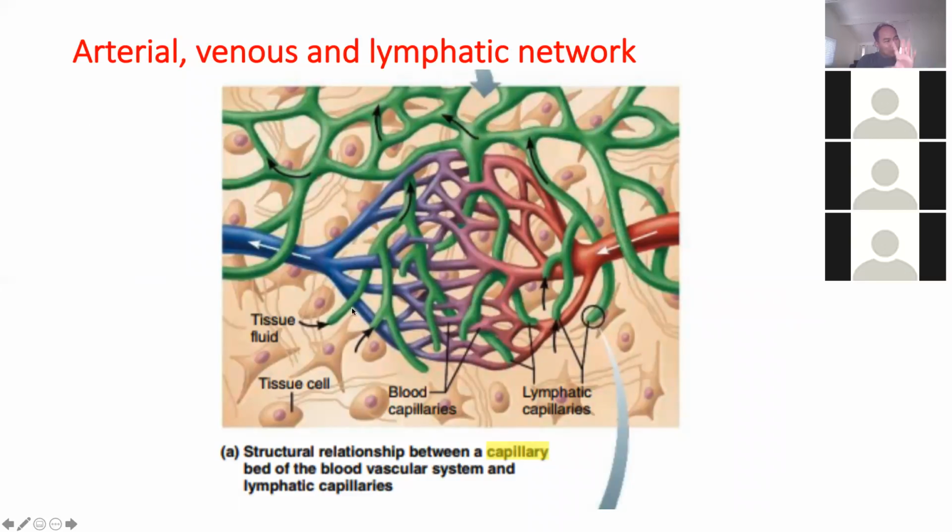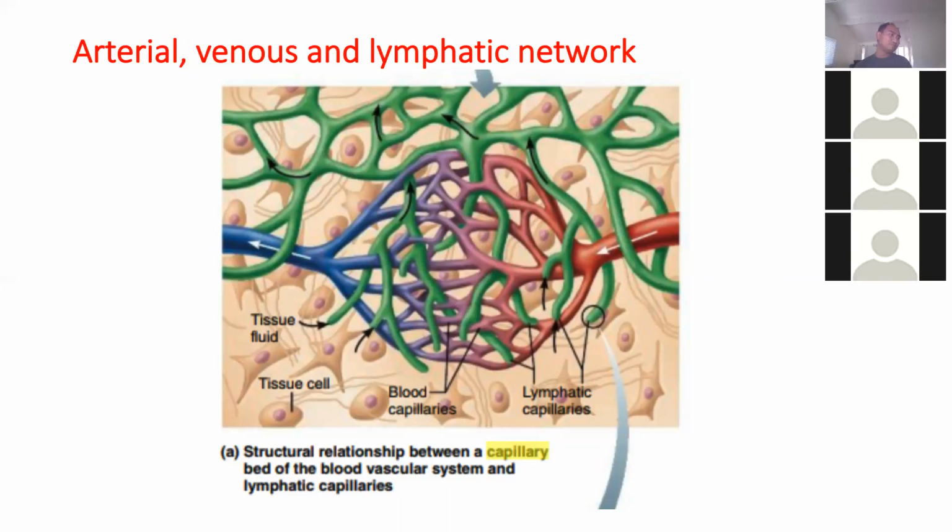They are meshed around the cell region, and if there is any excessive fluid leak, or any protein left outside the capillaries, the lymphatic vessels, which are meshed with the arterial and venous capillaries, will just pick it up and send it back to the systemic circulation.